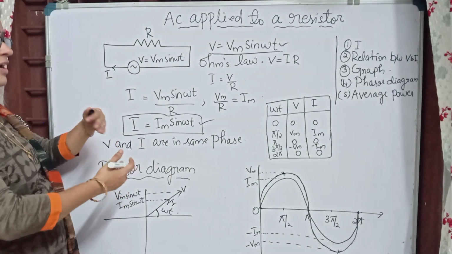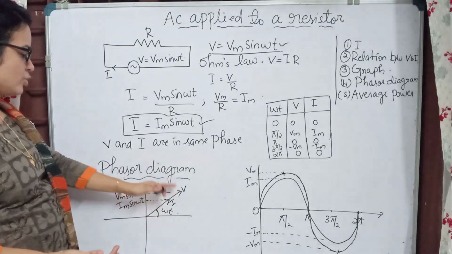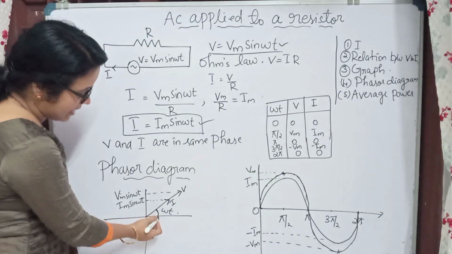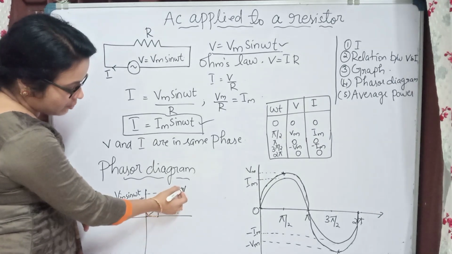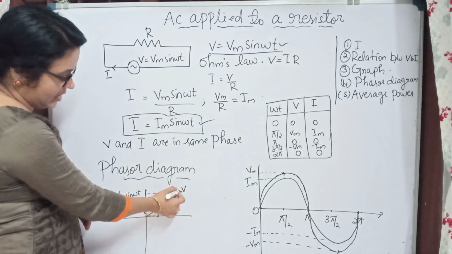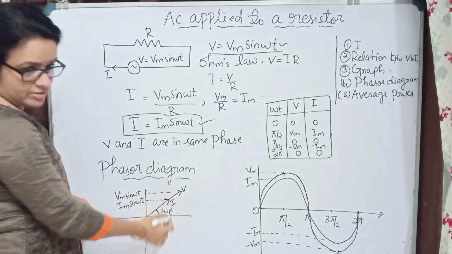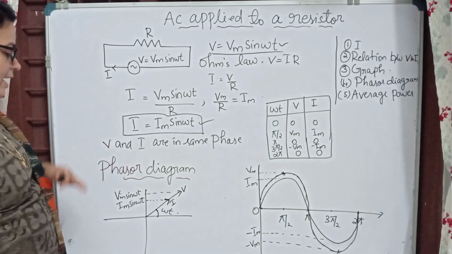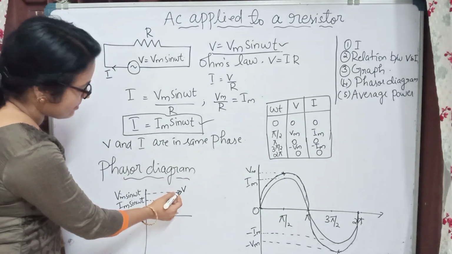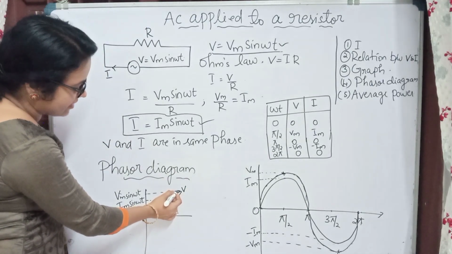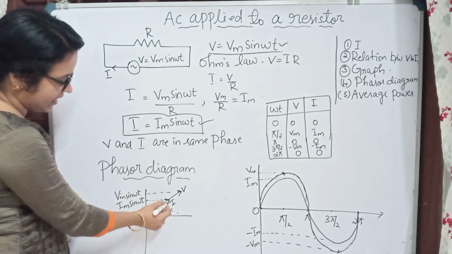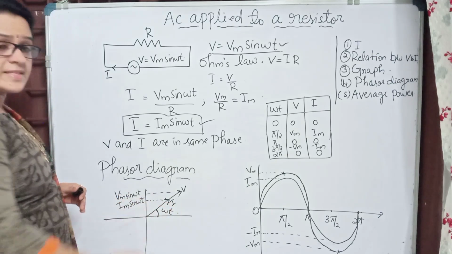So when we see the next case, it will be very easy to understand the difference. Here we are getting the same angle, that is why we mark both on the same line. Here we have the vector V, and here is the current vector. So that is the phasor diagram, with the maximum value of voltage at this point, Vm sin omega t, and this point meaning Im sin omega t.